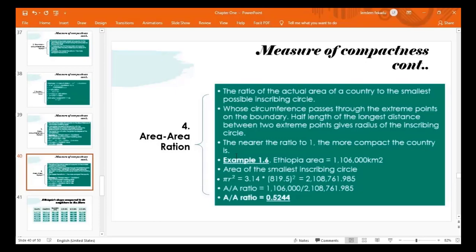Generally, the nearer the ratio to 1, the more compact the country is. You can also calculate the area ratio of Ethiopia. The area ratio of Ethiopia is 0.5244. If the ratio is nearer to 1, it shows that the country is more compact.